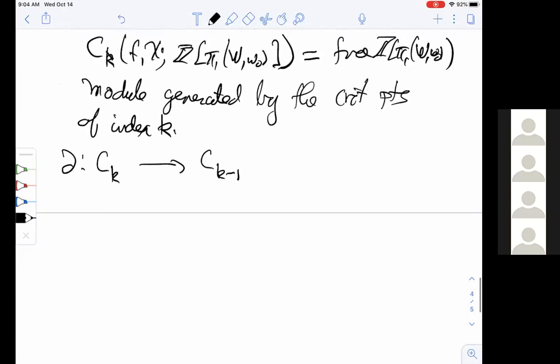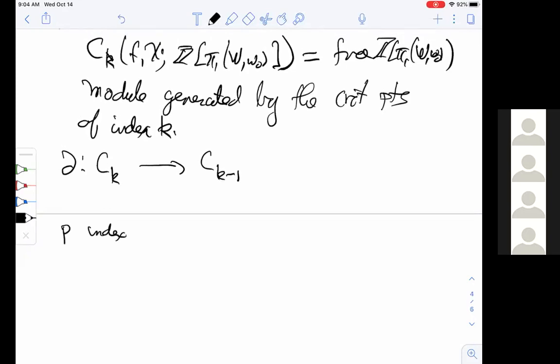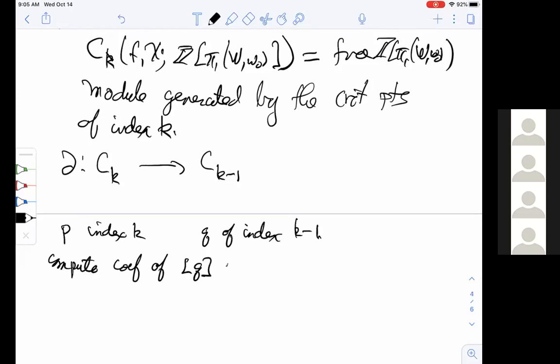Well, again, what I want to do is take a critical point P of index k and a critical point Q of index k-1, and I want to compute the coefficient of the generator Q in the expression for the boundary of the generator P. So [P] represents the element in the kth chain group going with the critical point P. [Q] is the element in the (k-1)st chain group that goes with the critical point Q. And to know the boundary of the generator associated with P, I just have to tell you what all its coefficients are with respect to the basis given by the critical points of index k-1.